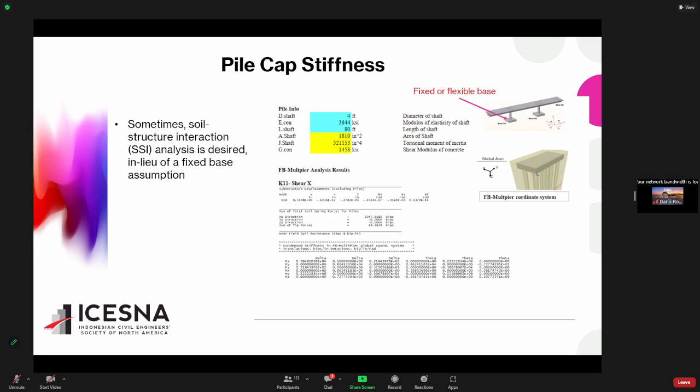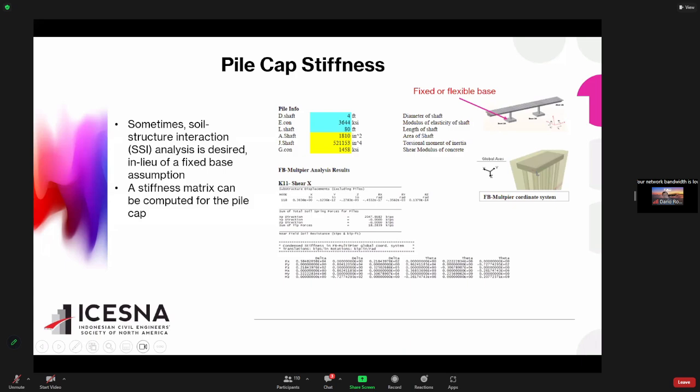Typical practice is people assume a fixed base, so the bridge is assumed to sit on the fixed base, which is not true. In reality, the pile cap or even the single pile will have some flexibility, so it's not fixed. So typically you want to do soil structure interaction instead of assuming a fixed base, because it's more realistic.